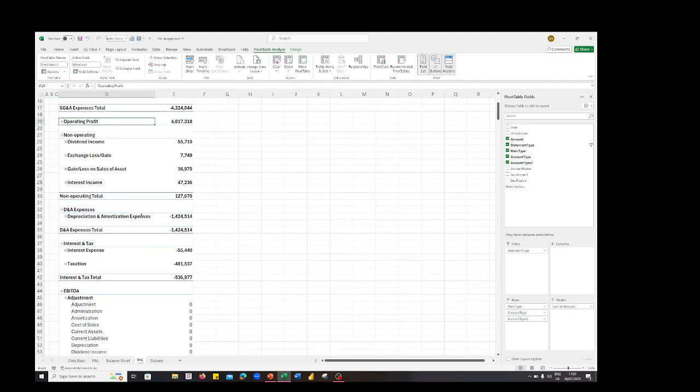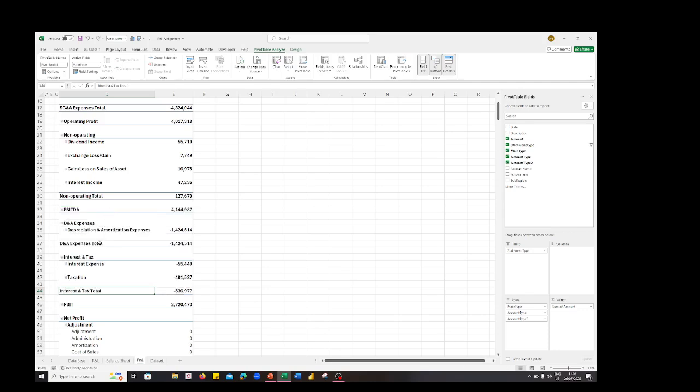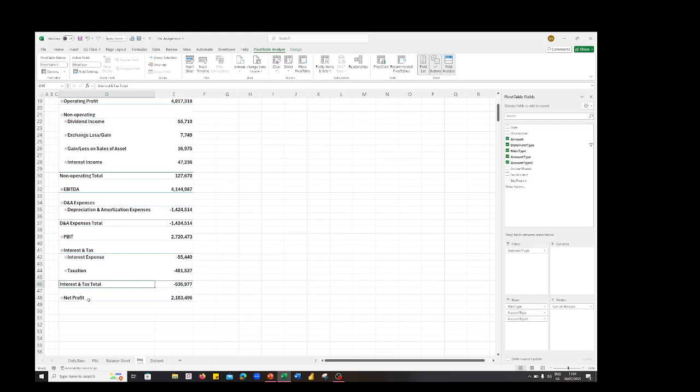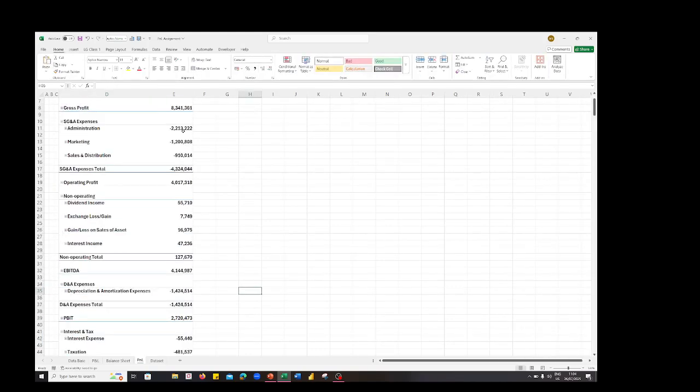So now we need to pick them one after the other and arrange. This is our EBITDA, so our EBITDA is coming down to here. Then our EBIT, profit before interest and tax, is coming before interest and tax. Then these are our net profit. So everything is okay now.